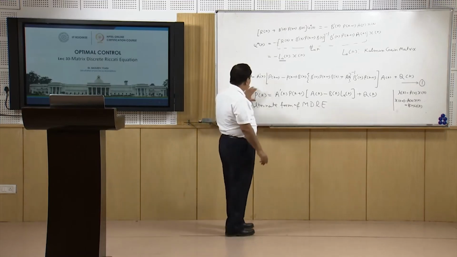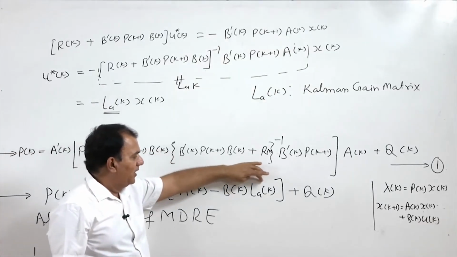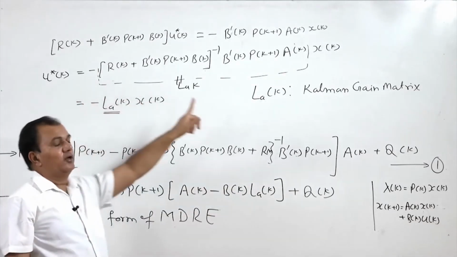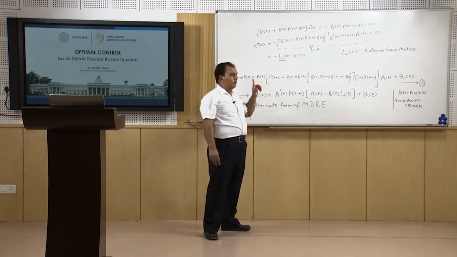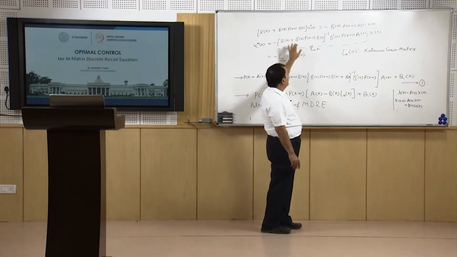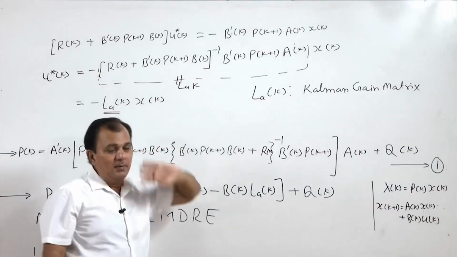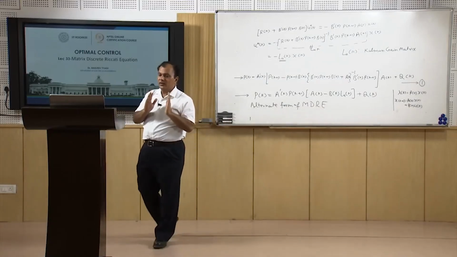My second form is P_k equals A'_k P_{k+1} A_k minus B_k L_a k plus Q_k. In this case L_a k does not require the inverse of the A transpose, and the inverse of matrix R_k plus B' P B, this inverse we have shown always exists.